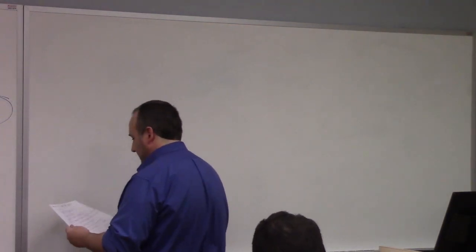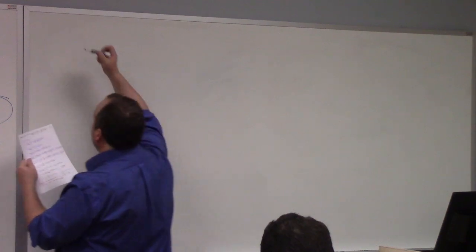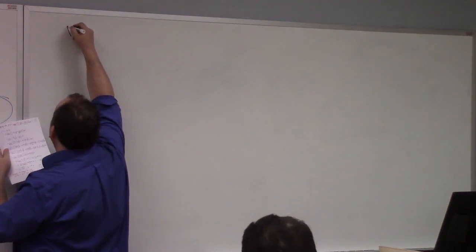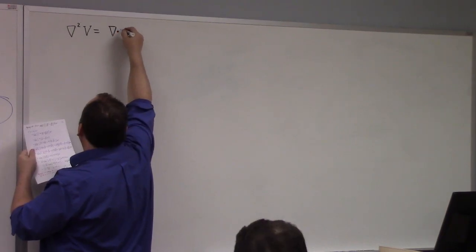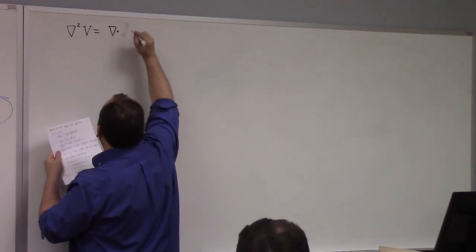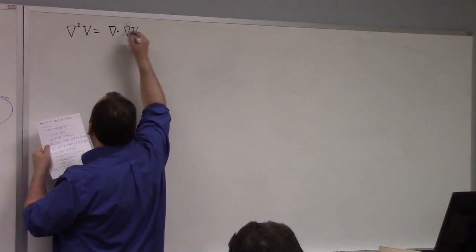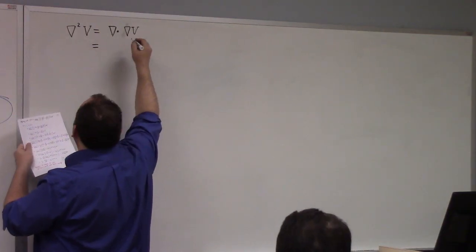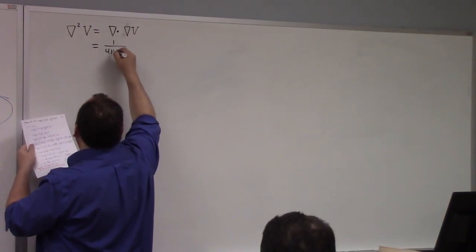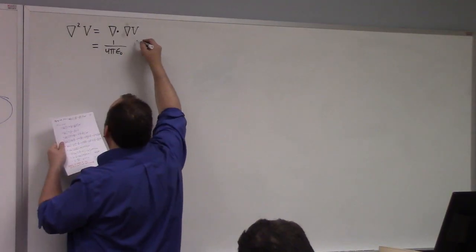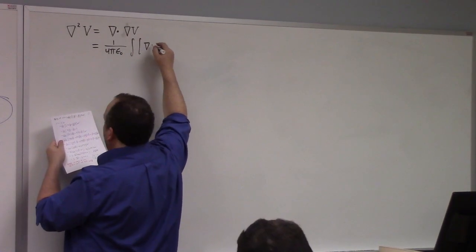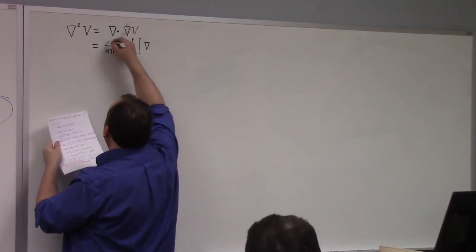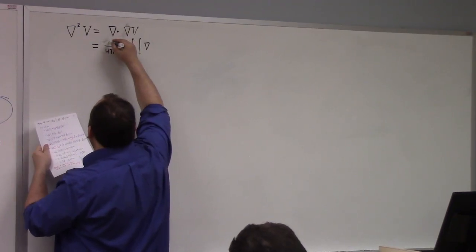So we have that if we look at the Laplacian of V, which is of course the divergence of the gradient of V, right? That is actually, pull the 1 over 4 pi epsilon naught out, and then we've got the integral of the divergence of, I'm going to pull the minus out as well in that formula we had over there.